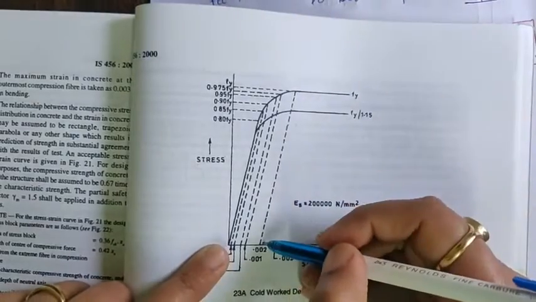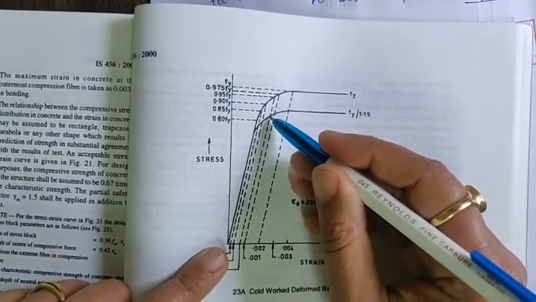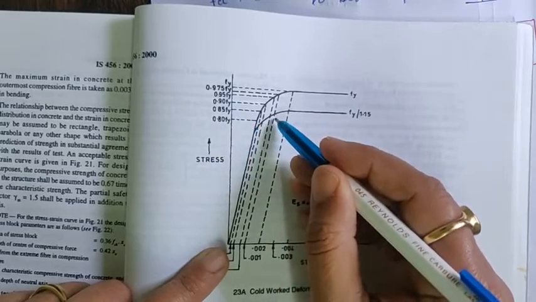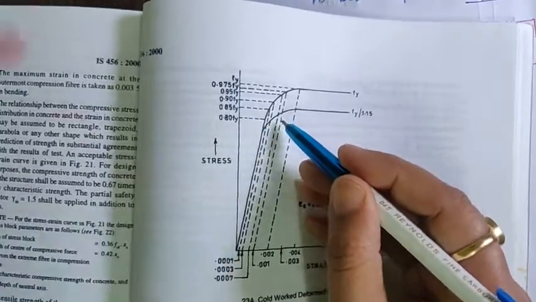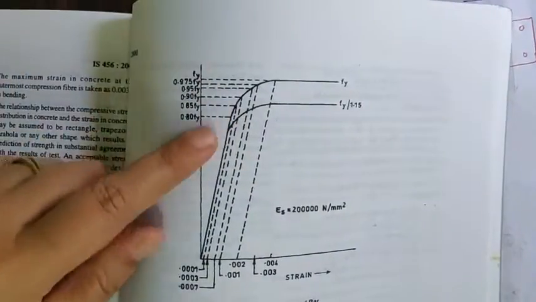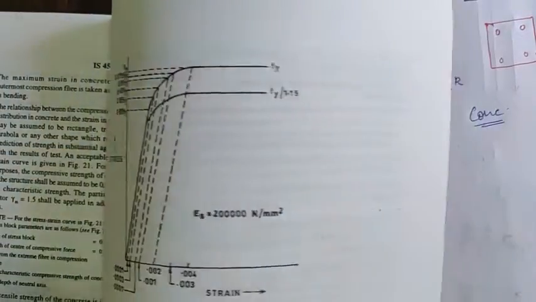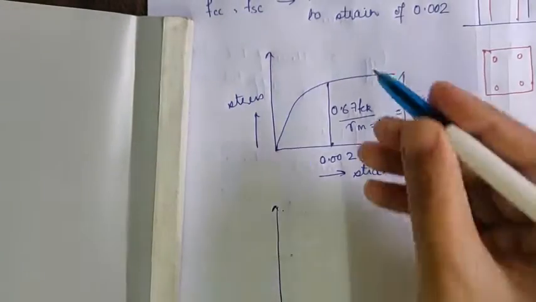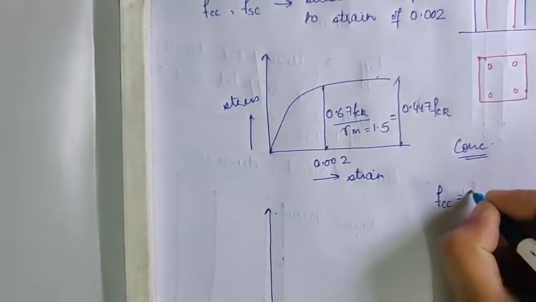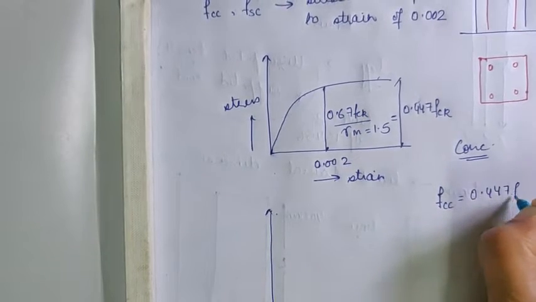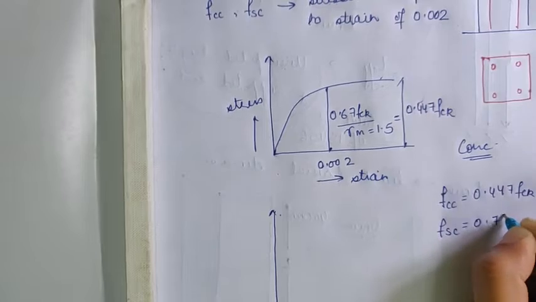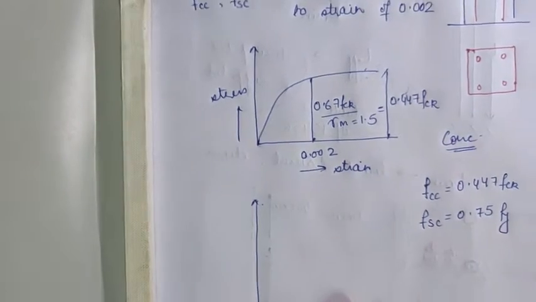If you mark a line corresponding to 0.002, you will get somewhere in between these values. Corresponding to this, the code says that we will take a value common for all types of steel. So FCC is taken as 0.447 FCK, and FSC is taken as 0.75 FY.